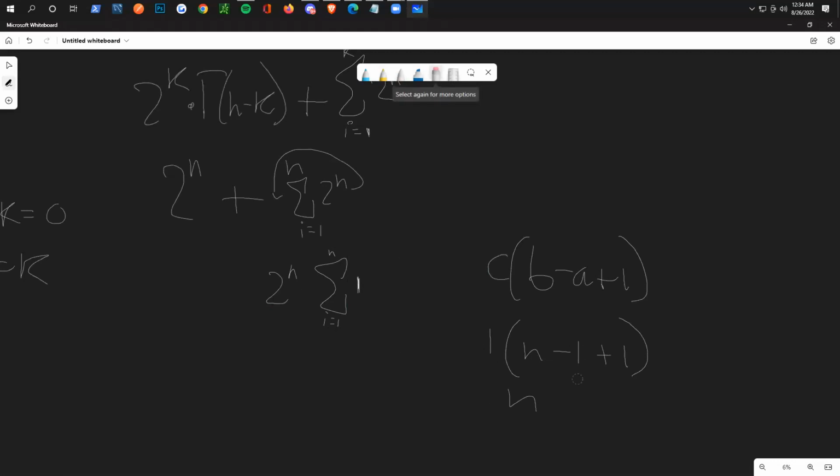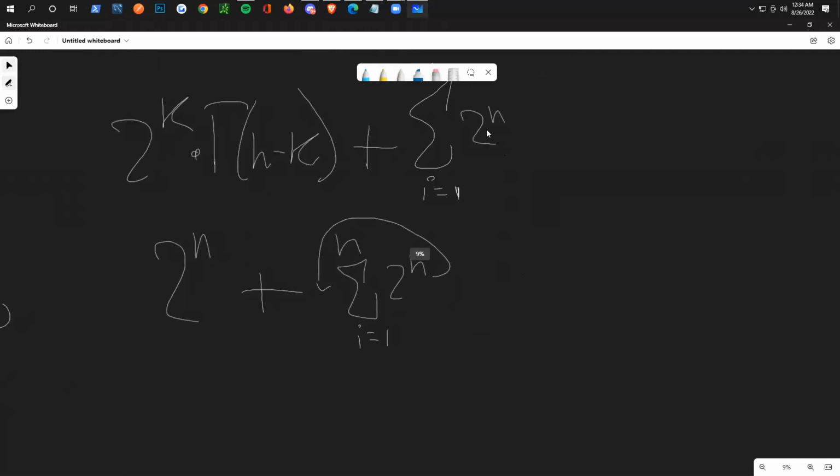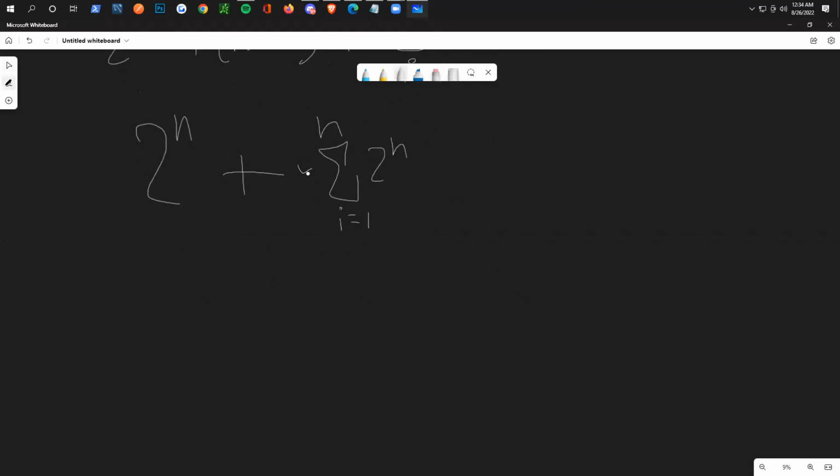What you could have just ended up doing, since you know that 2 to the n is a constant, since n has to be finite, since that's what your summation is going to be bounded by, and that's what you're passing in, it's going to have to end at some point, then you could just plug it into that formula directly. So you can just literally have this right here. You're going to have C, which is just 2 to the n, times (n minus 1), so B minus A plus 1, cross this out, then we have 2 to the n plus n times 2 to the n.